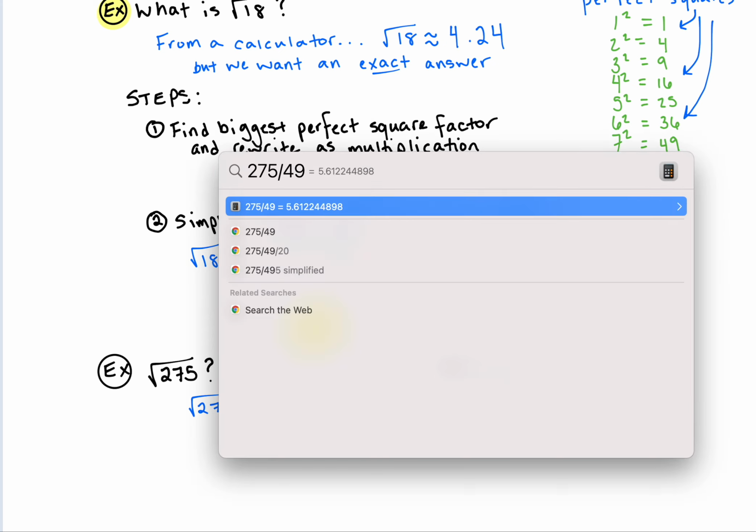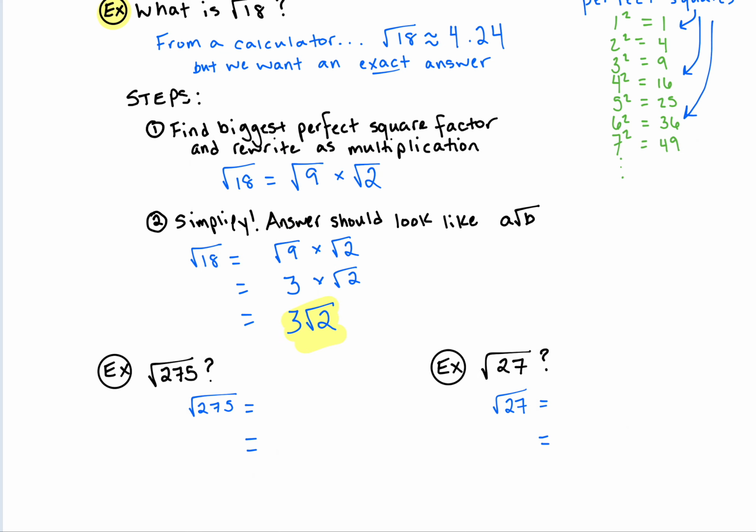That is not perfect, as you can see. How about 36? Nope. How about 25? Yes, and we get 11. So I'm going to rewrite the square root of 275 as the square root of 25 times the square root of 11, and then my answer is just 5 root 11.